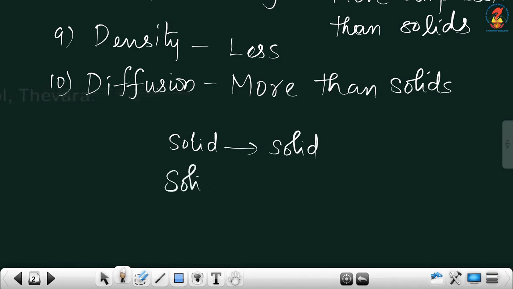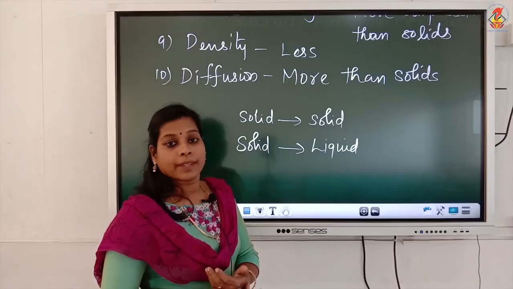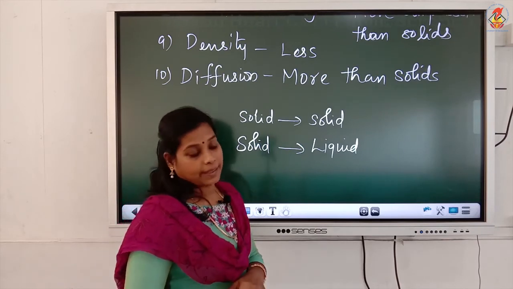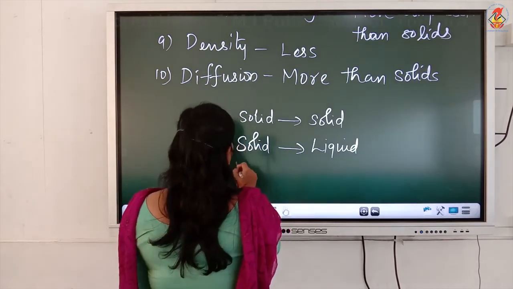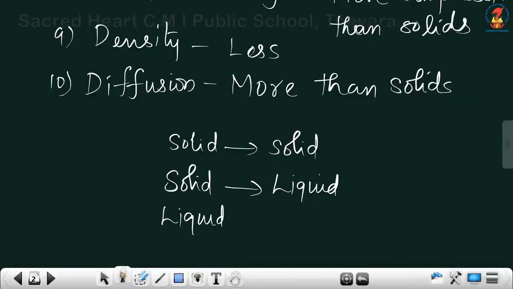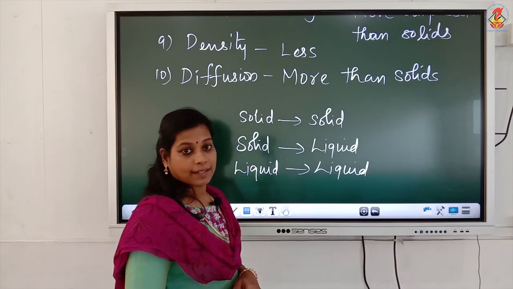Then solid to liquid diffusion, as in the case of sugar in water or salt crystals in water, they are also diffusing; even without stirring they will taste sweet or salty, isn't it? So diffusion is happening there. And then liquid to liquid diffusion: we have seen the mixing of Ujala with water and dropping honey into water. There also diffusion is there, isn't it?